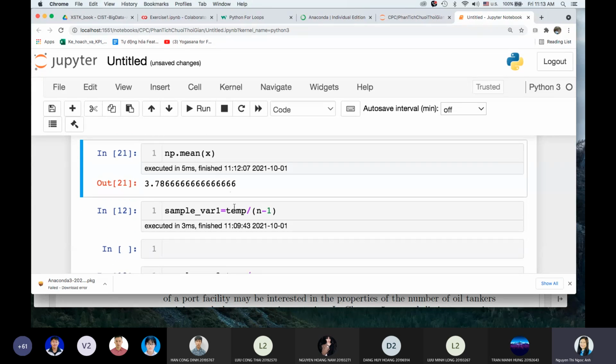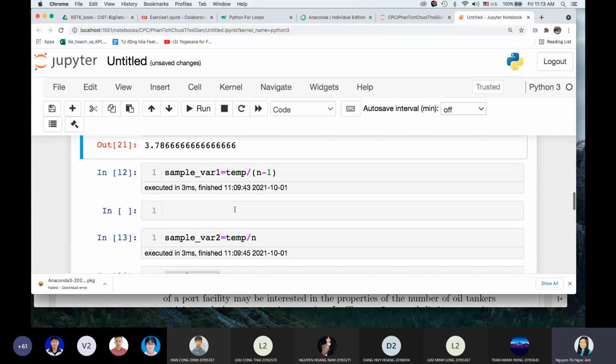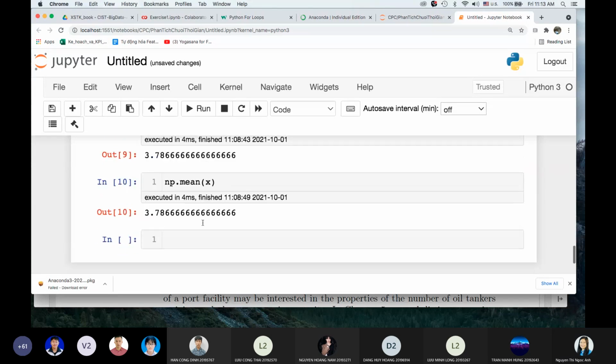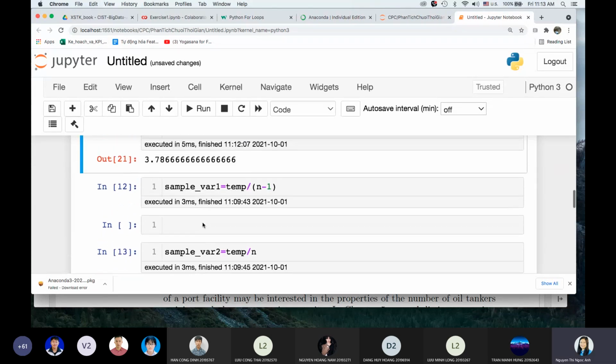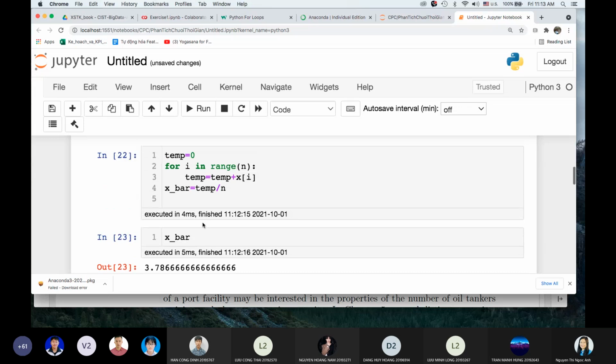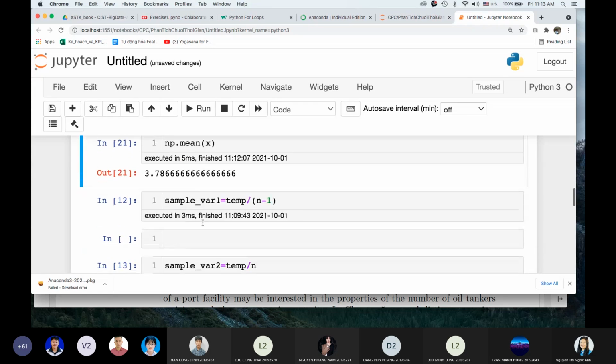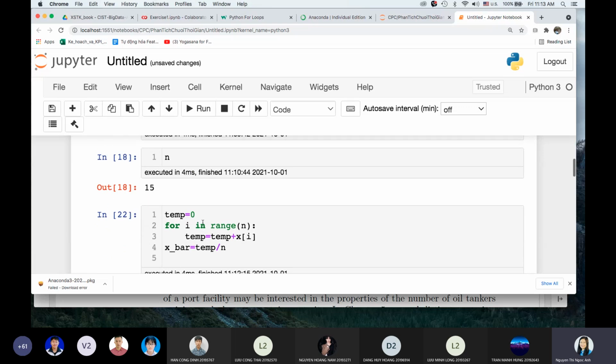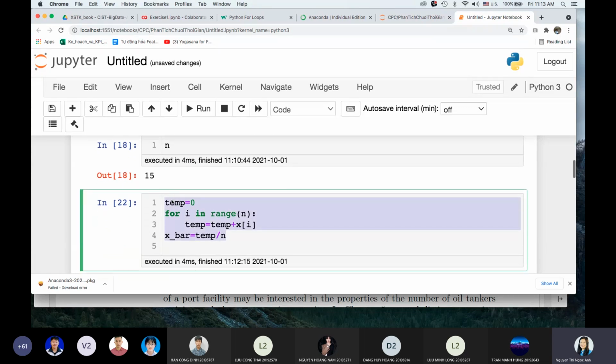Now I check the variance. Where is the variance? Okay, now I will code the variance.